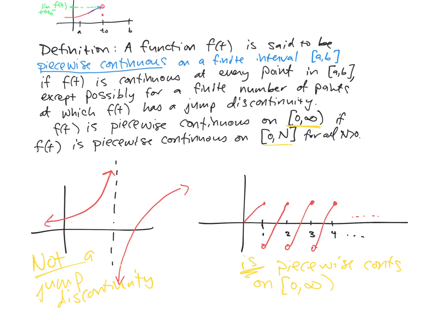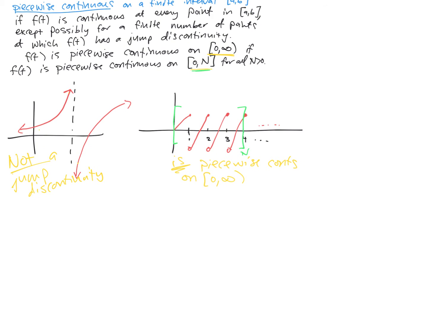Because if we looked from 0 to n, it would be only a finite number of jumps. But then if we expand out to 0 to infinity, we have infinitely many.